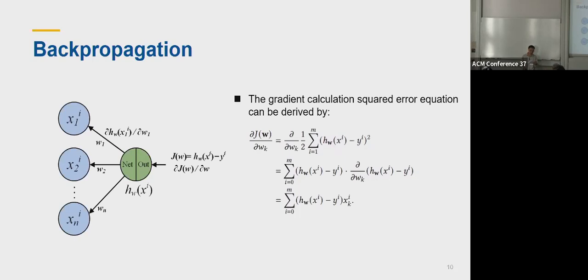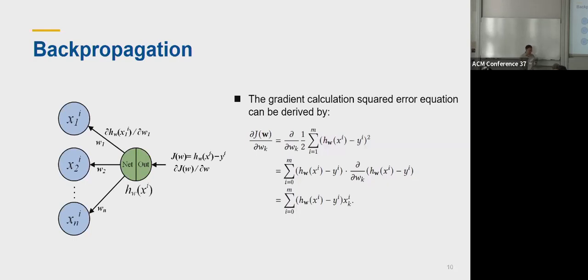The key idea of backpropagation is to propagate the error signal backward from the output layer to every layer of the network to calculate the contribution of each parameter to the loss.